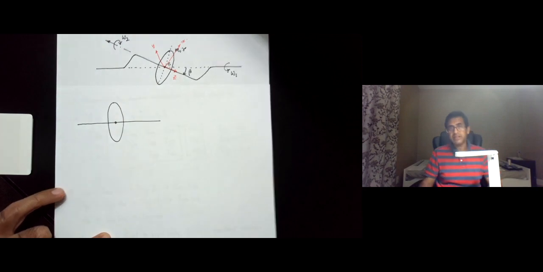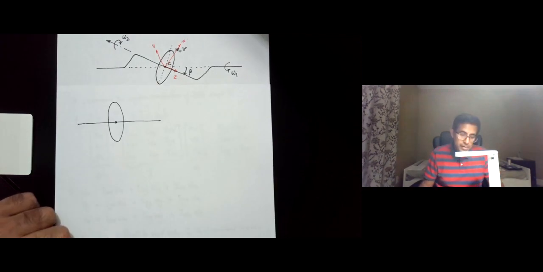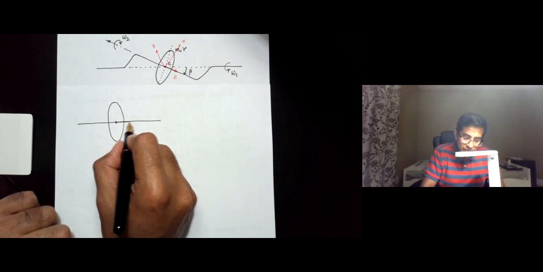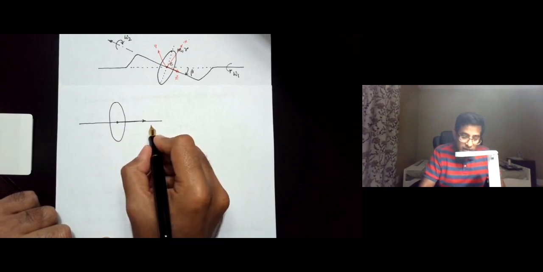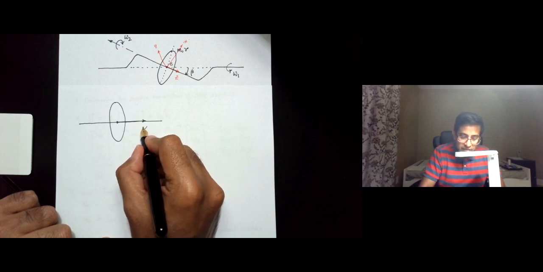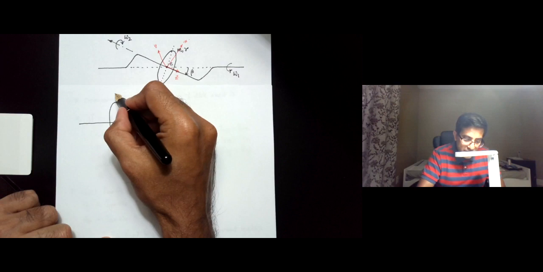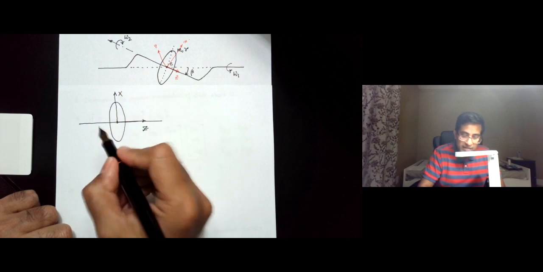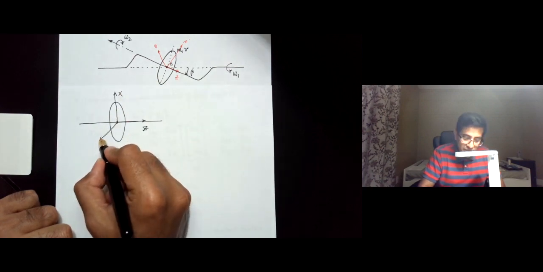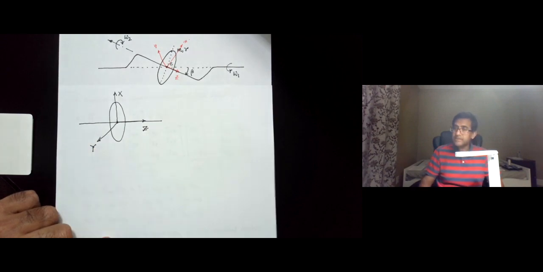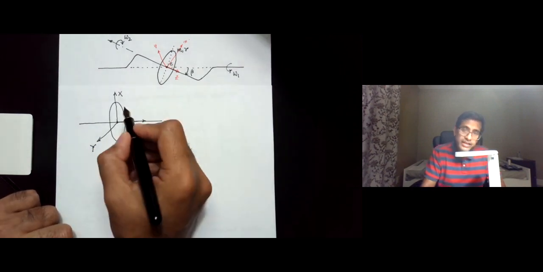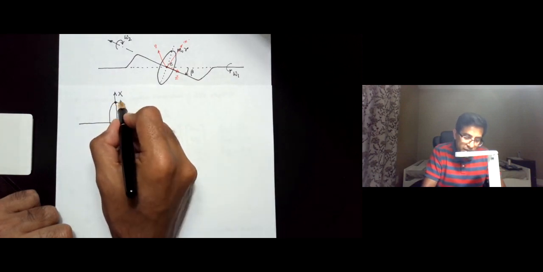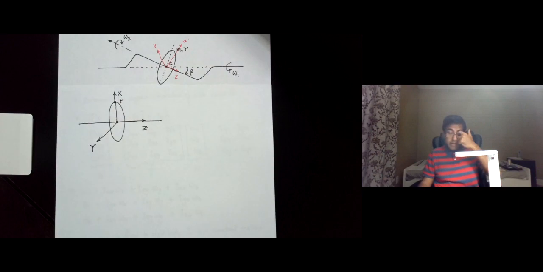Let's say the disk is just like this, and right now this is the inertial z-axis, this is the inertial x-axis, and this is the inertial y-axis. For the sake of clarity, let us also assume that there is a point P, and the reason we are identifying a point P is because it will help us illustrate how the orientation of this disk changes.